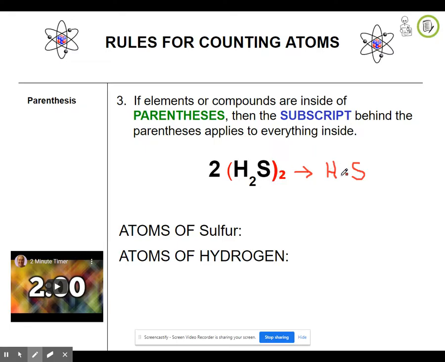So 2 times 2 gives me 4 hydrogens. 2 times 1 gives me 2 sulfur. And then you add your coefficient. So now I have 4 hydrogens, I have 2 sulfur. Multiply both by 2 gives me 8 hydrogen and 4 sulfur.